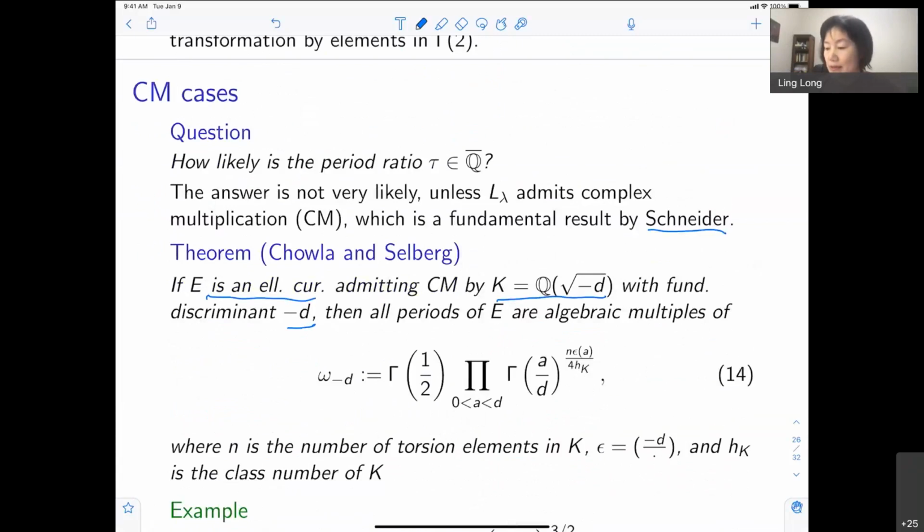The first one is gamma of 1/2, which is square root of pi. The second one is very much like the recipe in Nesterenko's formula.